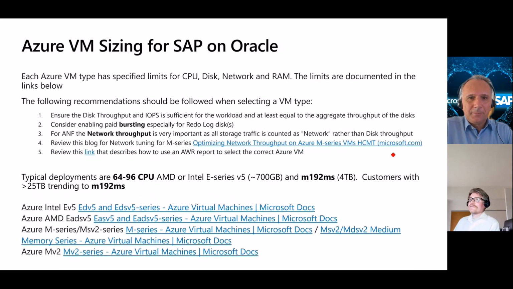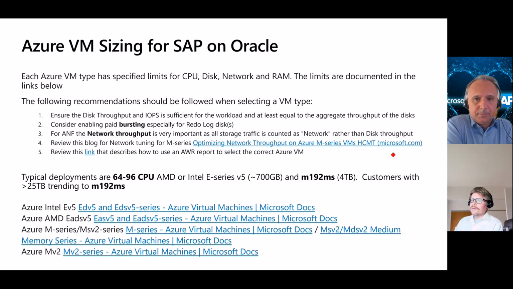Azure VM sizing for SAP on Oracle. All our Azure VM types have defined performance envelopes for CPU, disk, network, and memory. Those limits are documented with the links below. So a couple of points.